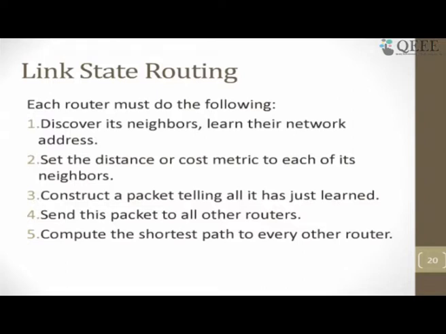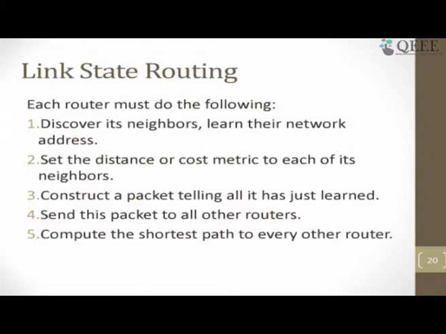So, what is link state routing telling? That each router has to do what? One, discover its neighbors and learn their network addresses. So, one, discover and learn. Okay. So, I have to know what are my neighbors and what are the network addresses.